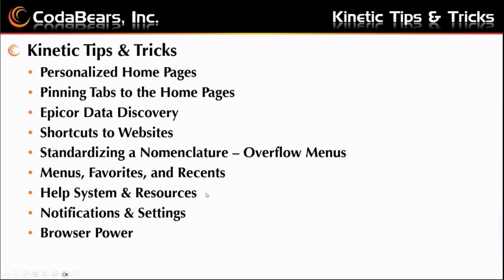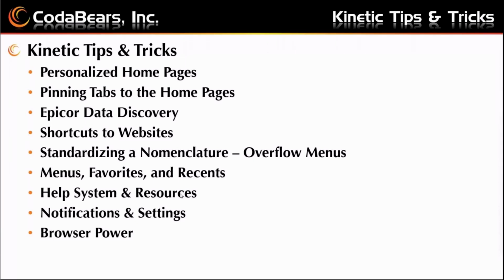We're also going to talk about some cool browser capability, which is also like your recents. The help system and the resources go a whole lot further than what F1 used to be in the software. I can now get to Epicor's knowledge base. I can search ideas. I can embed an AI bot into the help system. There's videos, there's tutorials.